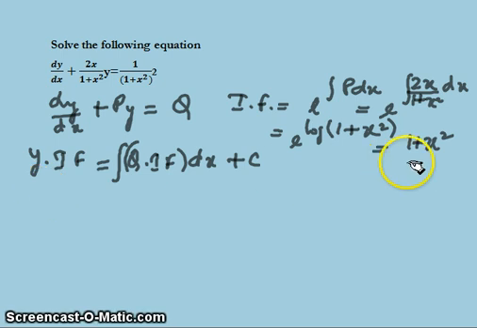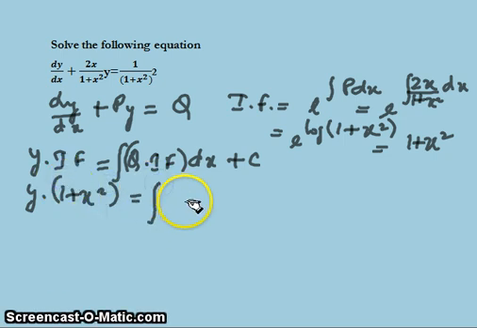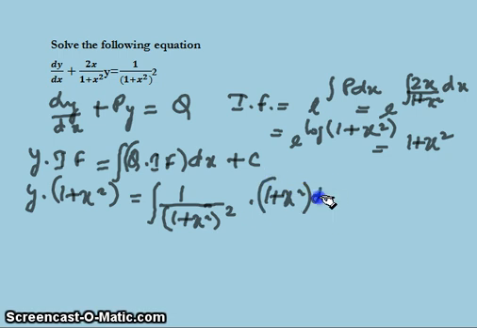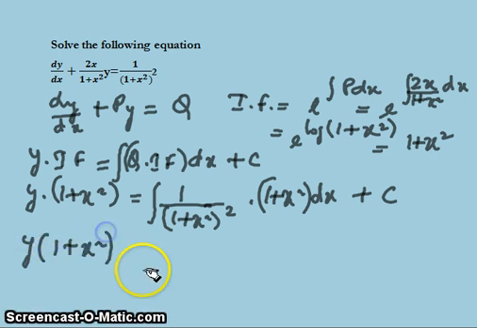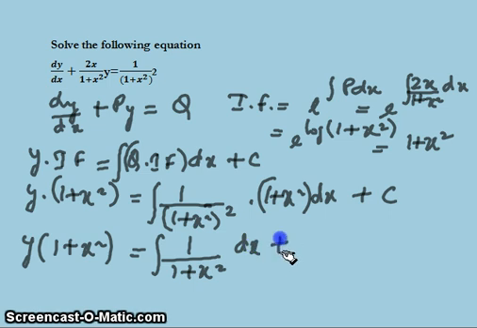Thus, replacing the integrating factor by the obtained value, we have y into 1 plus x square is equal to integration of q, which is 1 divided by 1 plus x square to whole power 2, into integrating factor 1 plus x square, dx plus c. This gives us y into 1 plus x square equal to integration of 1 divided by 1 plus x square dx plus c.